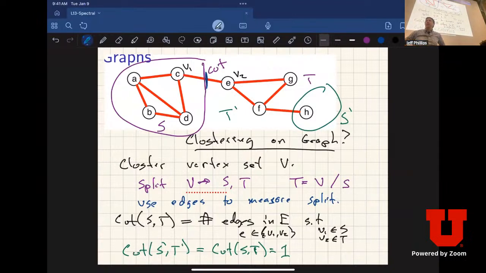There's maybe an even number of vertices within. Yeah, so the purple one is more balanced. For S and T, it preserves regions of density, like the density of edges. You're cutting away that one edge, you still have two clusters.